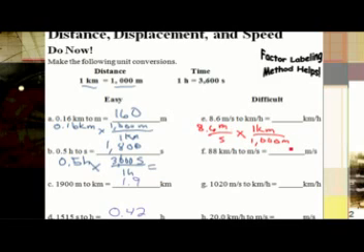I put it like this because, as in doing a proportion or in the factor labeling method, I would cancel out the meters to get me kilometers in that setup. I then want to get hours from seconds. So I'm going to put hours in our denominator here. 1 hour is equal to 3,600 seconds.